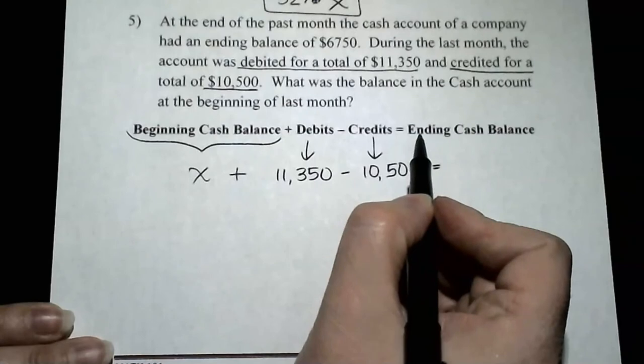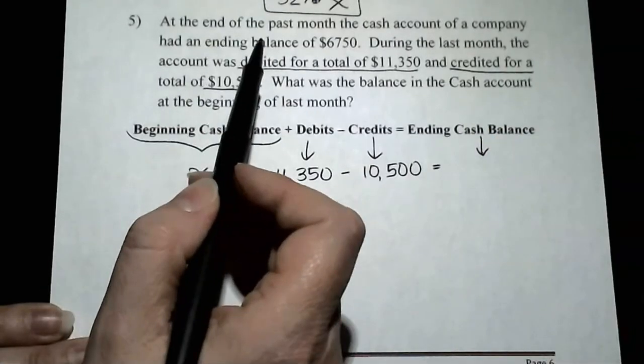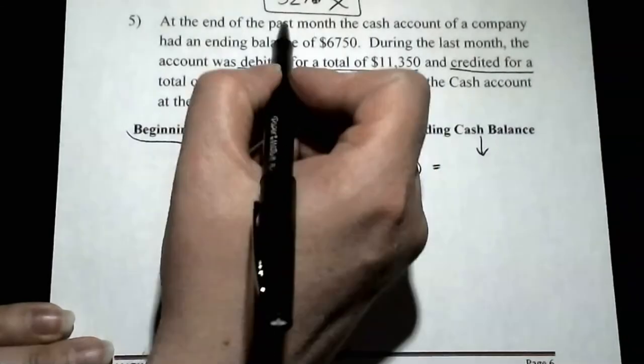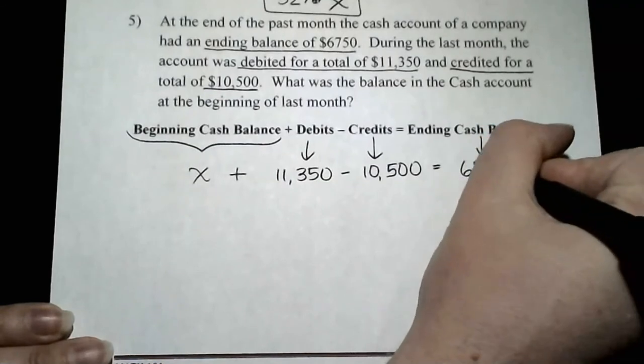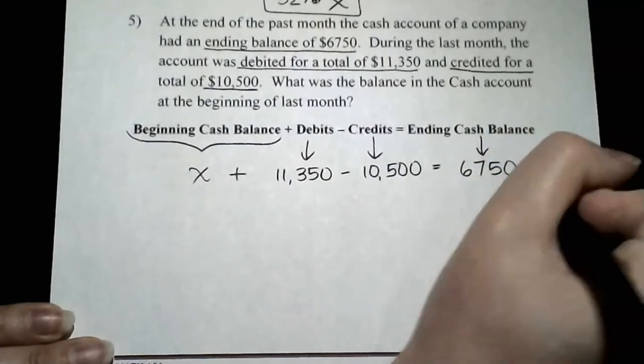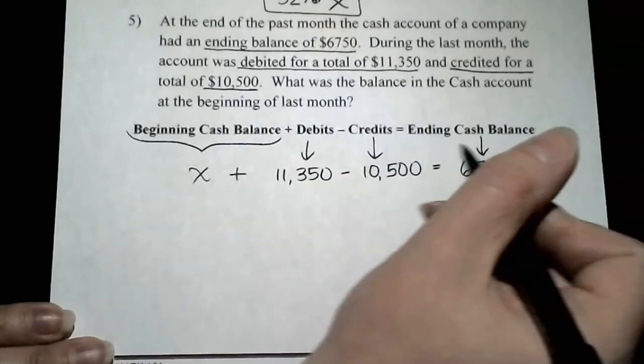And then the ending cash, it had an ending balance of $6,750. So there's our equation. Now let's see what we can do to solve it.